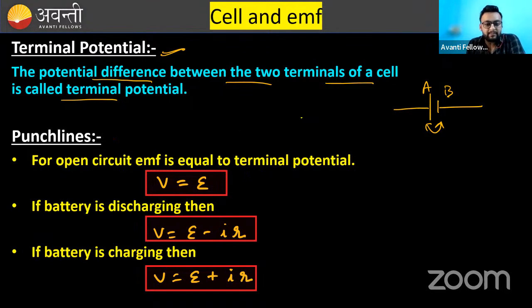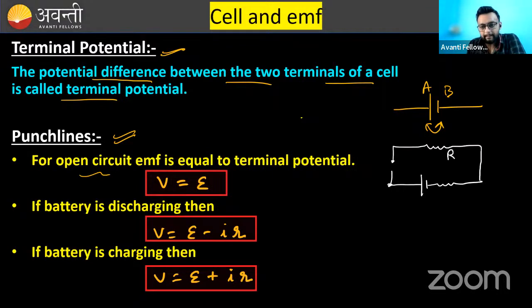For open circuit, now these are the punchlines. Listen to me. These are the important things. What is the meaning of that? For open circuit, for example, this is a cell which has some internal resistance, and this is some external resistance R. This is R, this is E, and this is a switch.